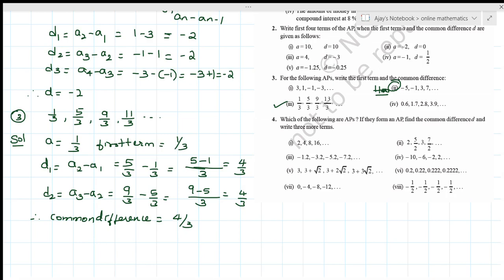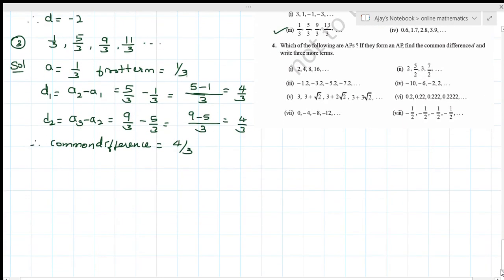So next, question number 4. Question number 4 reads 0.6, 1.7, 2.8 and 3.9 and so on.